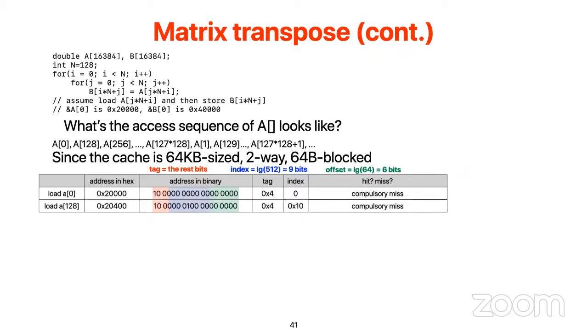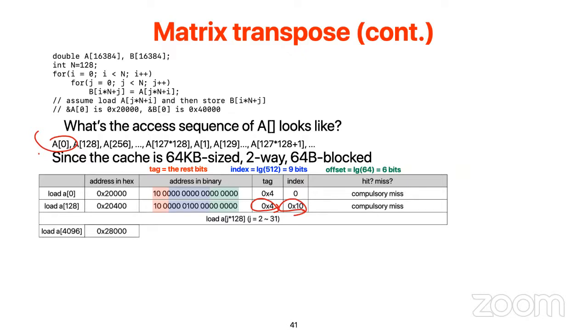So now the index 1, 0, and 4. This is the first time we saw it, so that's a compulsory miss. If you think about that, if you go through the first run, when j equals 0, all the first run of these A blocks are going to be compulsory misses. And when you go to 4K, it's still going to be a compulsory miss.